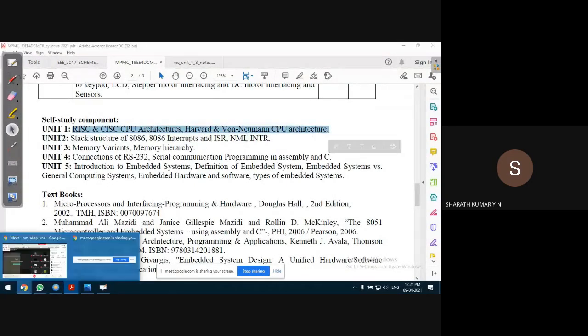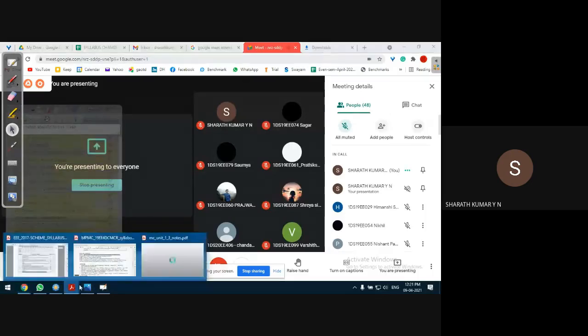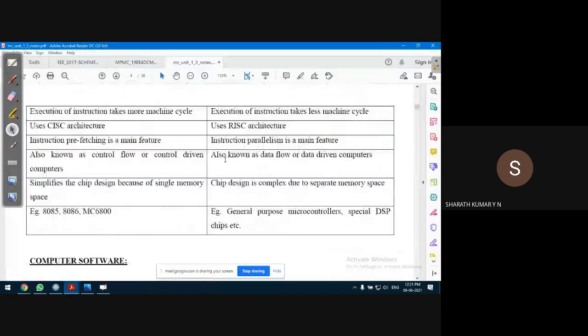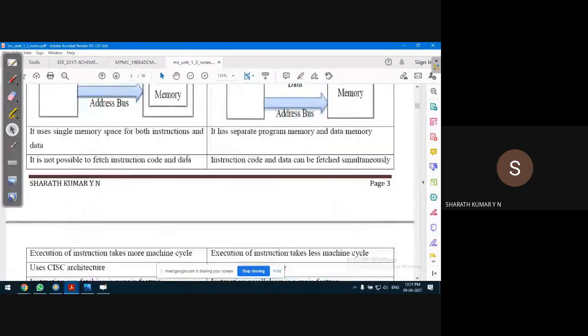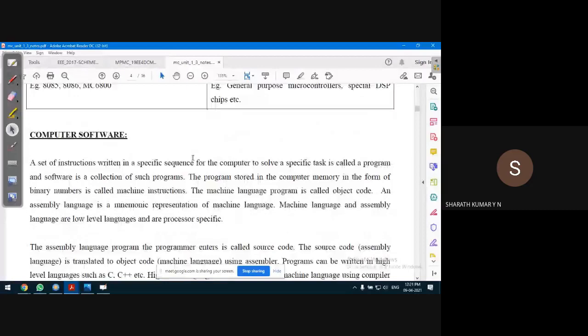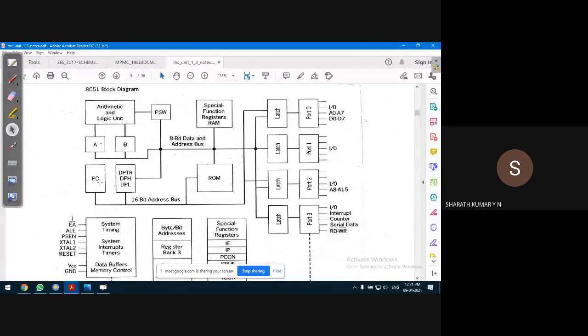That's why I thought I'd have a discussion on that. It's very useful also. So that's about the various types of architecture. A few more architectures we'll see a little later.